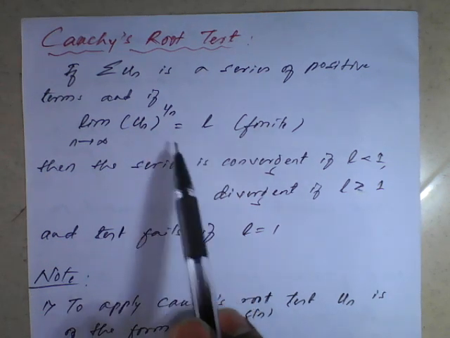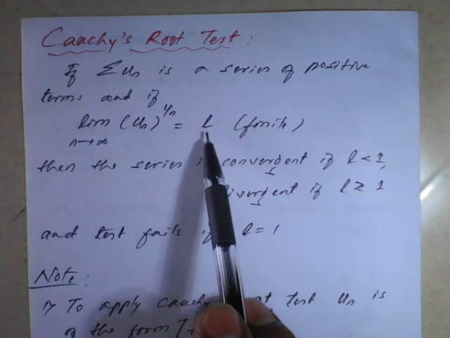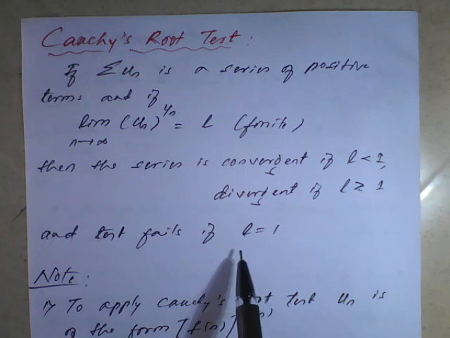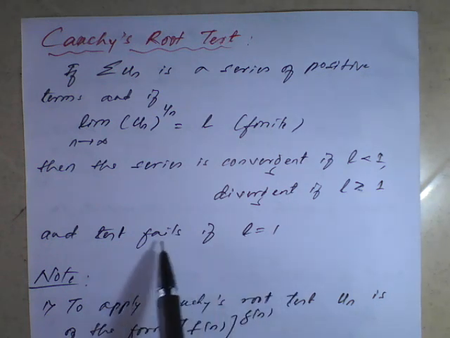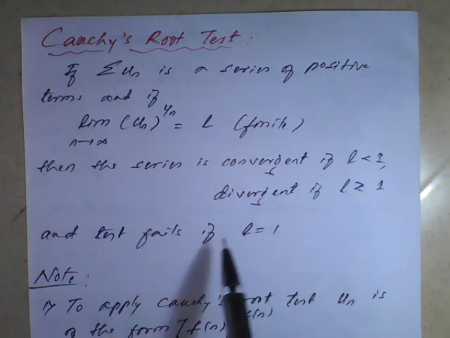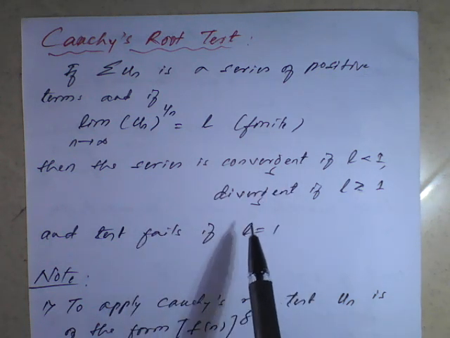And suppose the result becomes 1, that is L is equal to 1, then we can say that the test fails. So these are the important points we have to remember.